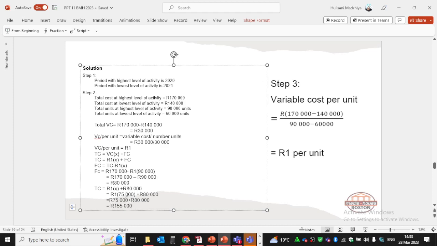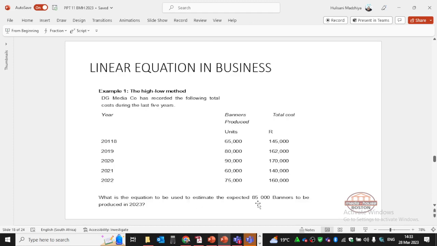So if we estimate 85,000 units, the cost has to be in between. If we check 80,000, it's 162. And if we check 90,000, it's 170. So our future cost has to be between 162 and 170.